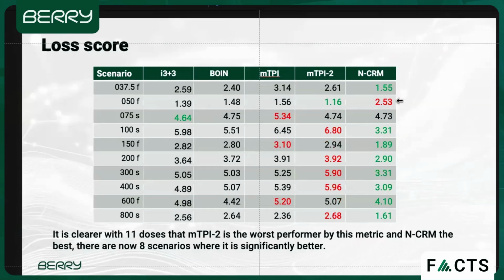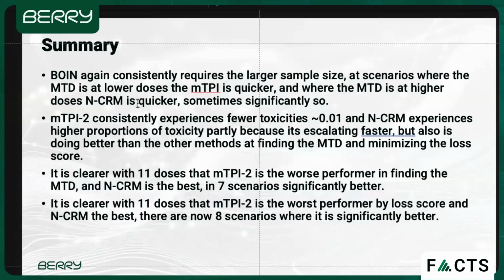And on the loss score it's a similar tale, where the NCRM is doing considerably better than the others, in some cases by a big margin. Other cases, it's closer. There's just one where it does poorly, the 50 flat.